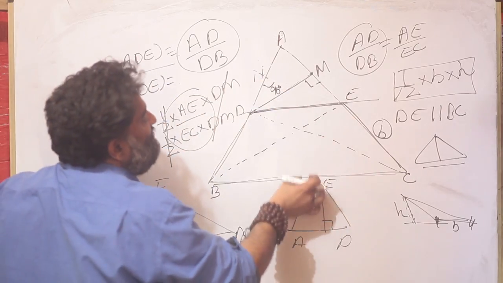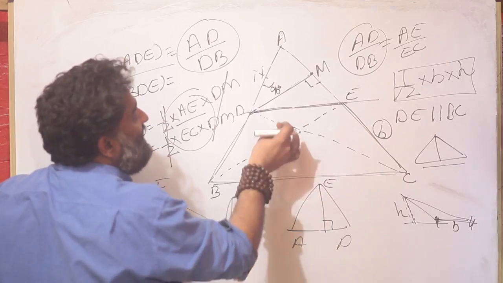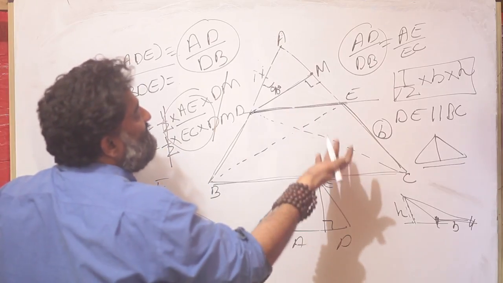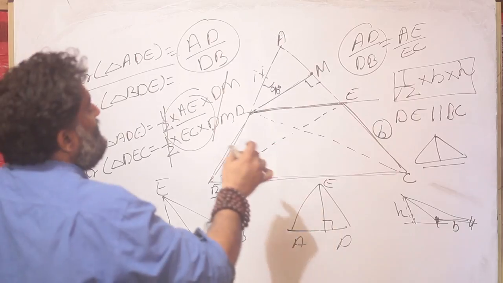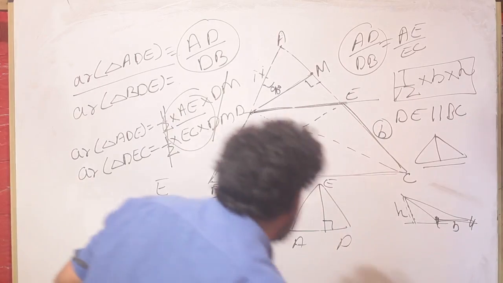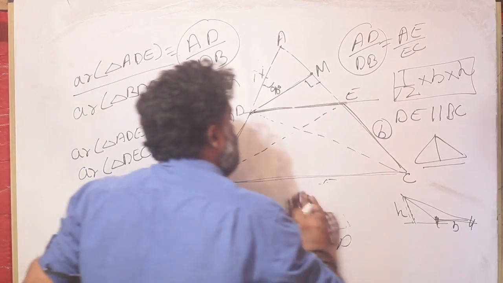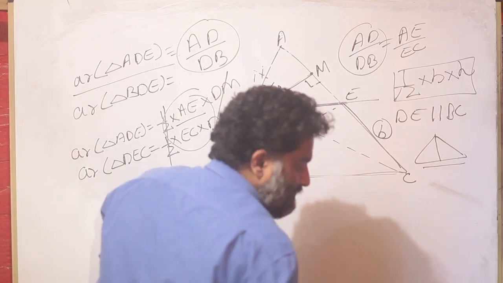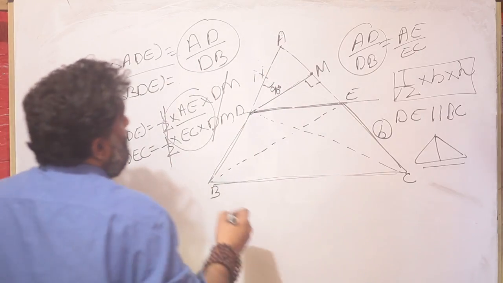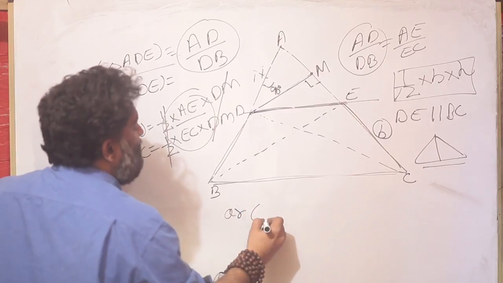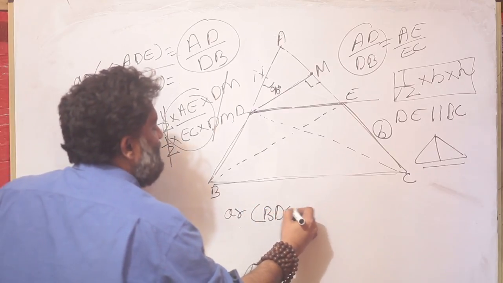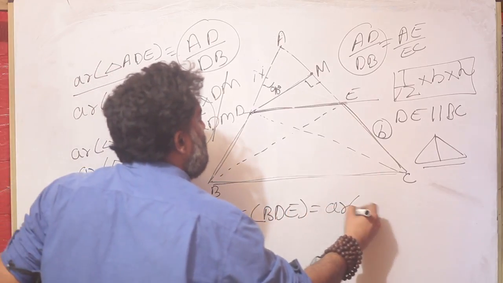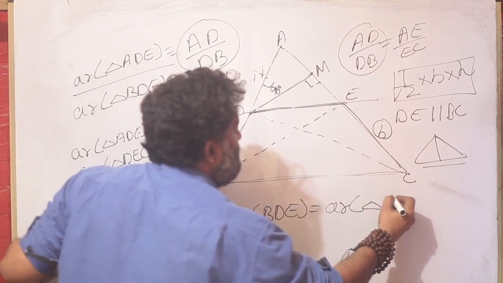These two triangles are between the same parallel lines and have a common base. That means their area is going to be equal. That means area of triangle BDE is equal to area of triangle DEC.